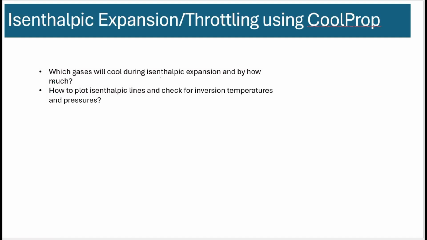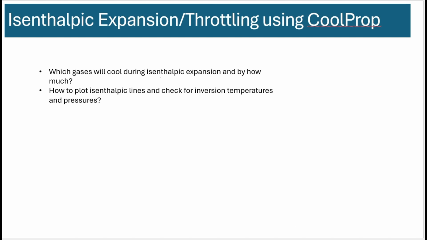All right. So now let's use CoolProp to further understand the isenthalpic expansion and see the cooling effect on most gases, and by how much. We'll also learn how to plot the isenthalpic lines for checking the inversion of temperatures and pressures.